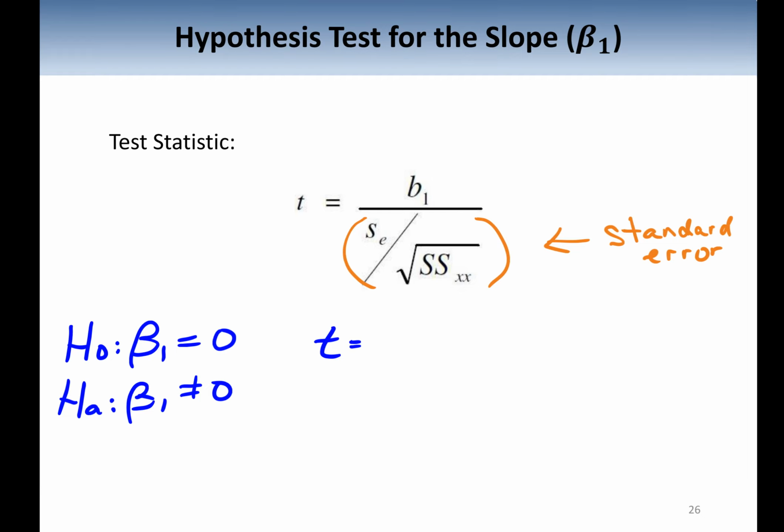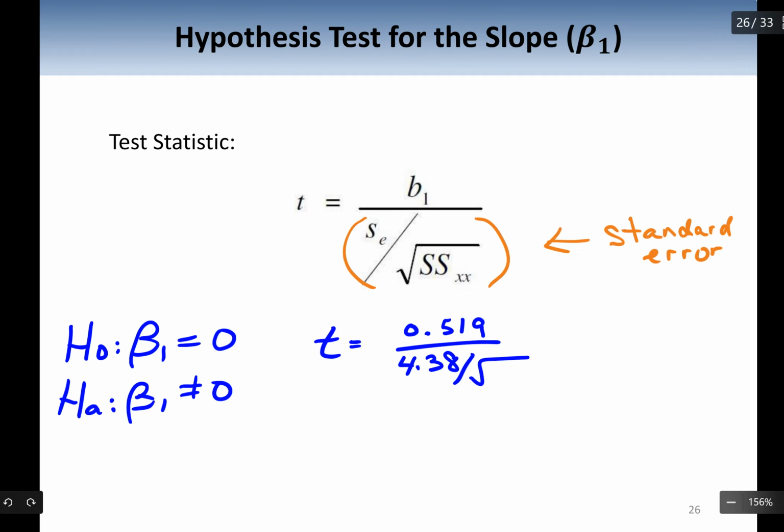Our B1 we calculated as 0.519. And we also calculated S sub e, the standard error of the model, which is 4.38, divided by the square root of the sum of the squares of the x's, which is the square root of 4480.